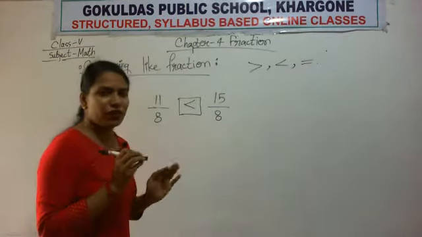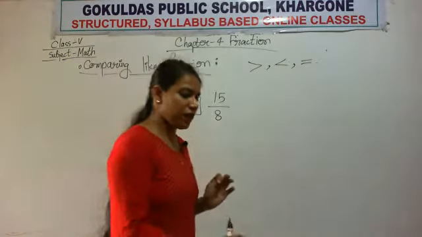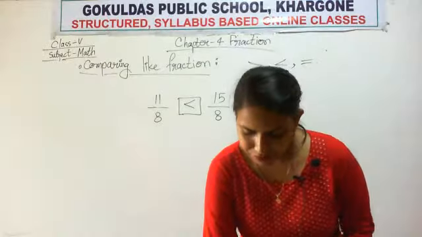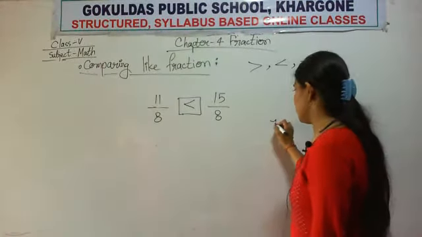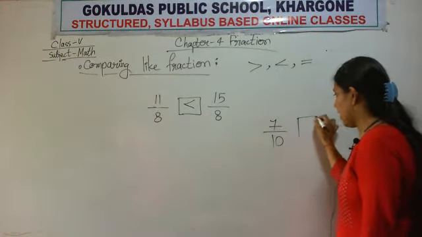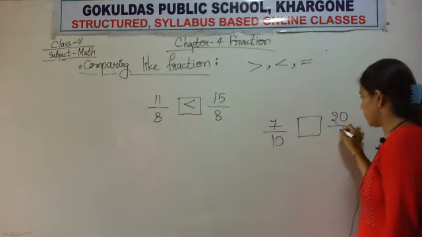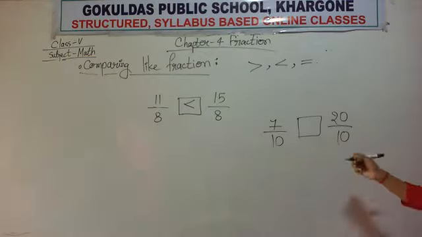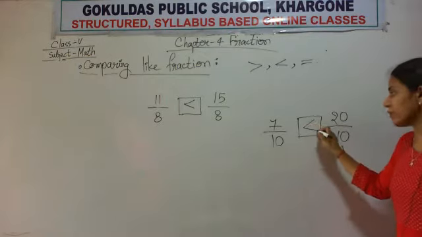And how do we compare like fractions? Like we compare normal numbers. If I write 7 upon 10 and 20 upon 10, which number will be greater? 20 upon 10 will be greater. Why?